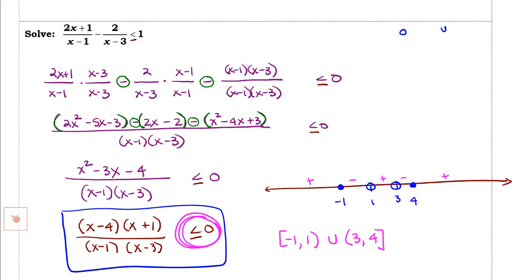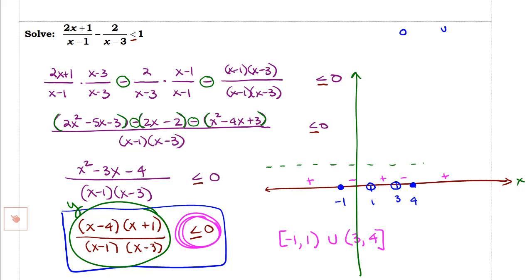Now, for those that care, if I set this equal to y and graphed it, well, then first of all, x-axis, y-axis, and you won't know what I'm doing, but that's okay.